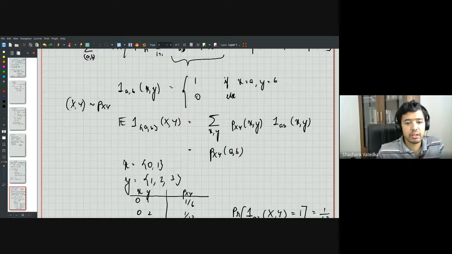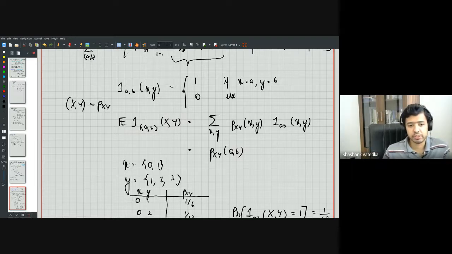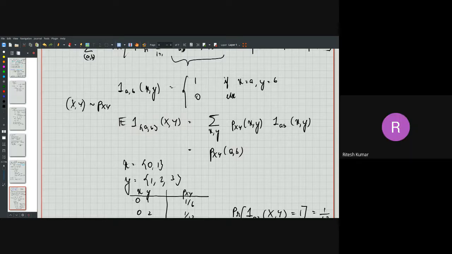The indicator random variable counts the number of times (a, b) occurs in this particular pair of sequences, and the expectation of this indicator random variable is just P_XY(a, b), the probability that X equal to a and Y is equal to b. All right, so is it perfectly clear? Yes, sir. Okay.